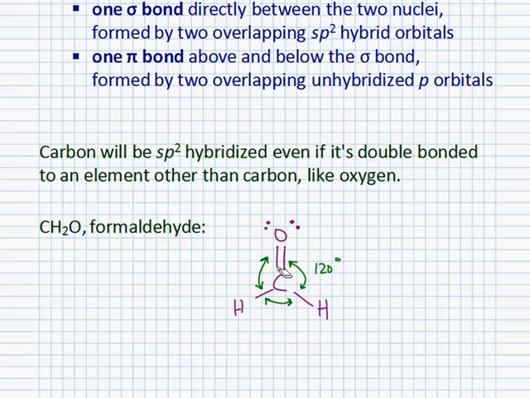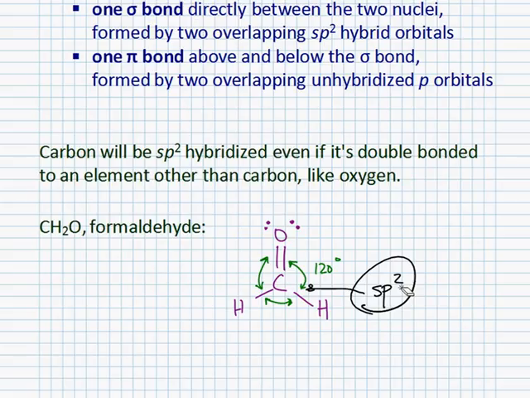I mean, they're not identical bonds, so they won't all be exactly 120, but they'll be very close. This carbon will be sp2 hybridized. We can tell it's sp2 hybridized because that's what makes that 120-degree bond angle, and carbon will bond with 3 atoms when it is sp2 hybridized.